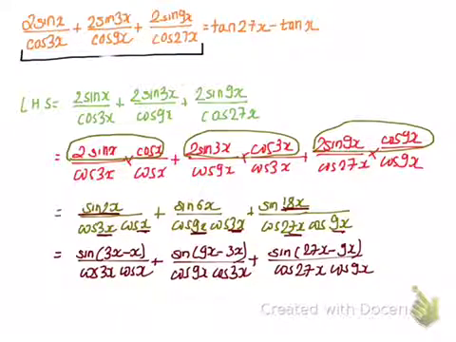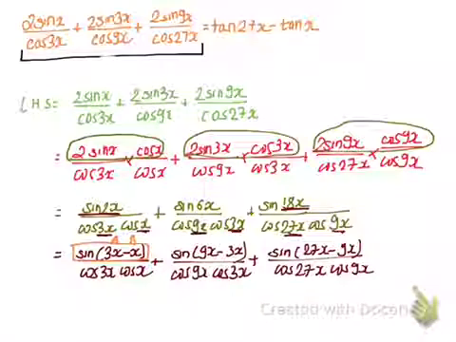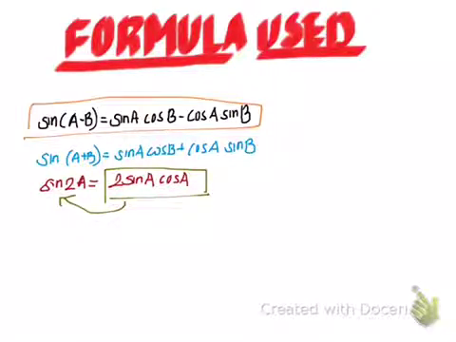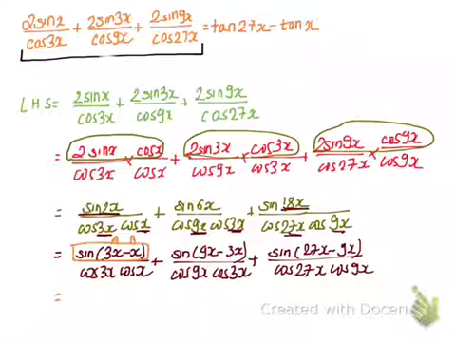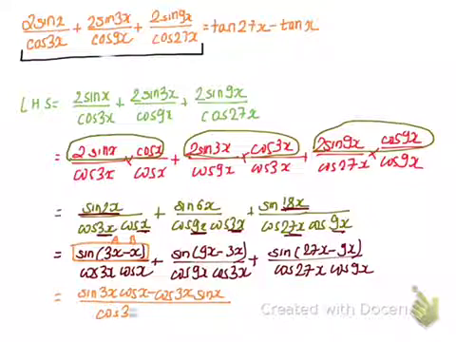Now we're going to apply the formula for sine 3x minus x. So we can say 3x as a and x as b. So we have the formula for sine a minus b, which is sine a into cos b minus cos a into sine b. So when applying the same formula here, we have sine 3x dot cos x minus cos 3x dot sine x, divided by this denominator part cos 3x dot cos x, plus, and same for sine 9x minus 3x. 9x is a and 3x is b, so sine a minus b is once again the same formula.